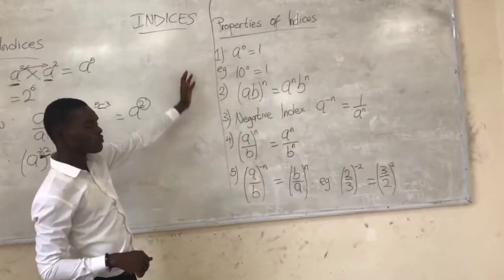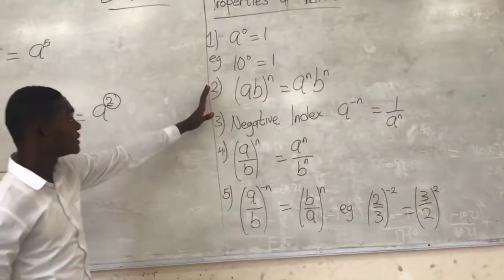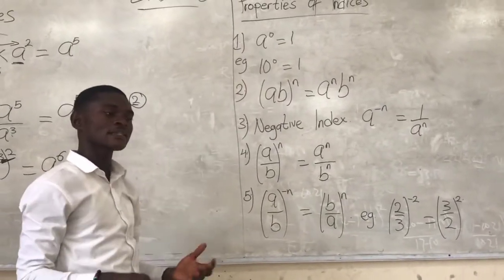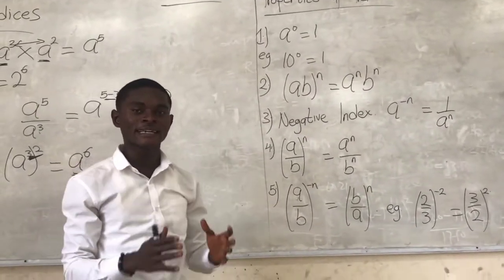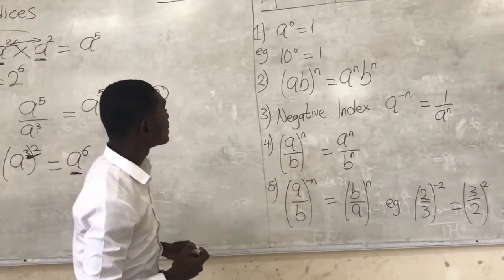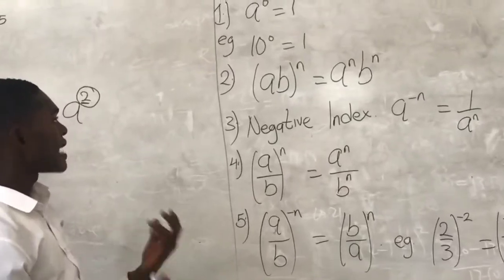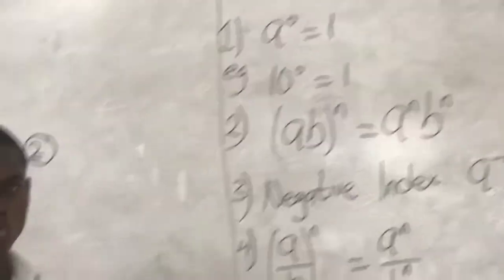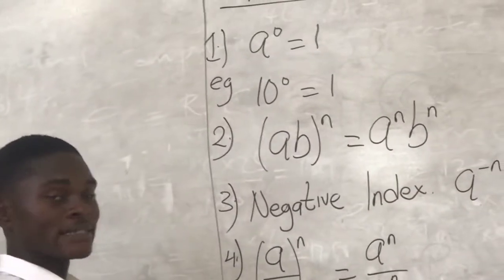We have 5 properties here, and we are going to move through them so that it will help us to get more understanding to solve indices questions. Property 1 says that any number to the power 0 is equal to 1. That's what property 1 is saying.